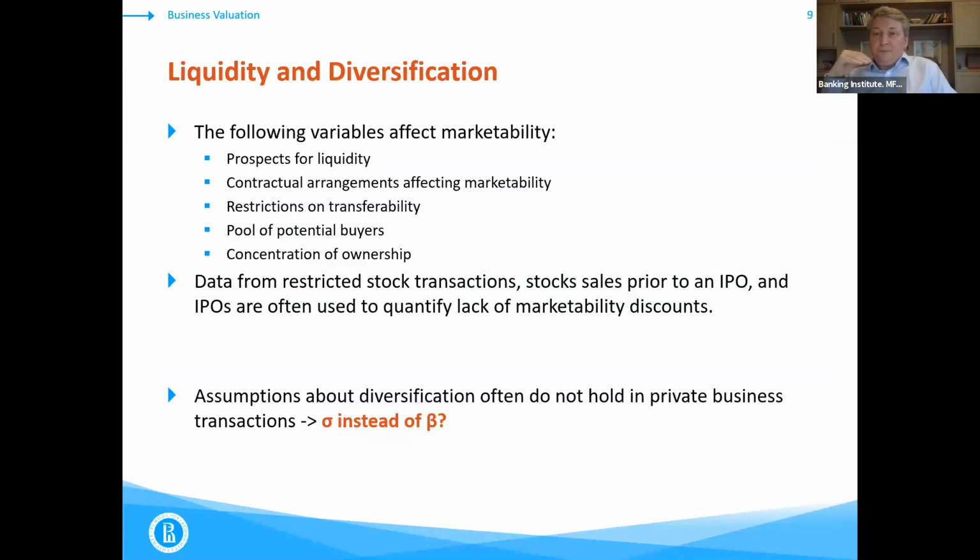Okay, so the quality of financial reports is the second thing that spoils our life. The third, liquidity, and another thing, diversification. When we were discussing the return concept and discount rates, we introduced the CAPM model. And in the CAPM model, one of the most important principles was that I have to be paid only for systematic risk, because any unsystematic risk I can diversify away. I will invest not in one company.